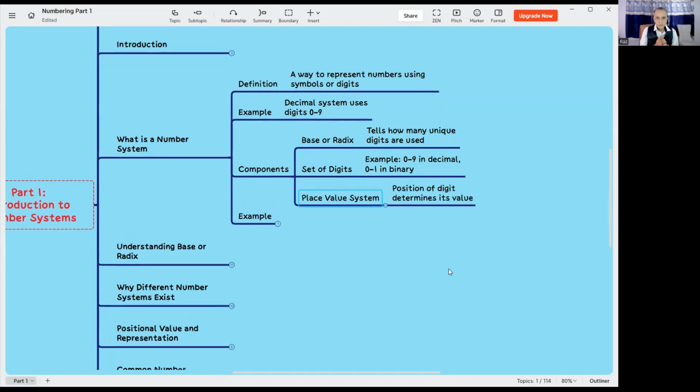Place value: the position of a digit determines its value. One in one place might have a value of 1, and in another place it might have a value of 128. For example, in decimal 345, 4 is in the tens place, so it's multiplied by 10. 3 is in the hundreds place, so it's multiplied by 100. So 3 has a different value depending on which position it is in.